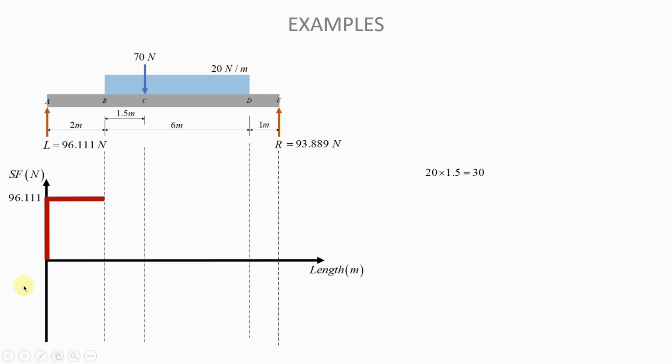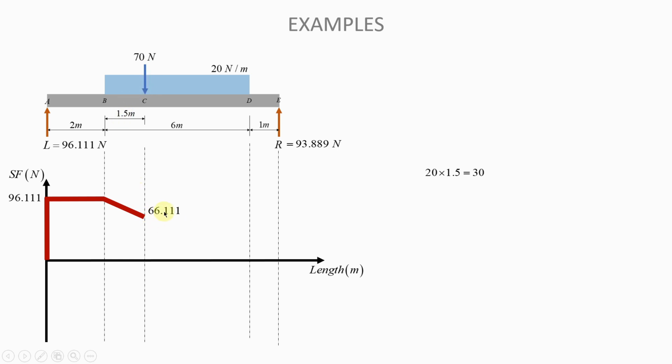And so if we do that, this is what we will have, and here, having gone down by 30, we must arrive at 66.111, which is what you get when you do 96.111 minus 30. Now that we are here, we need to take into account that 70 newtons force.